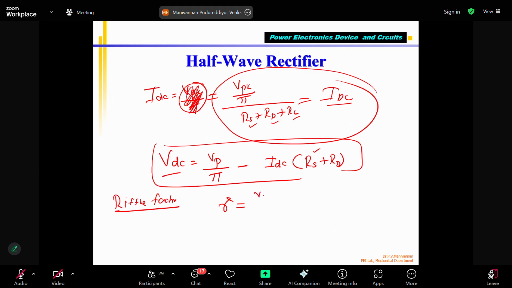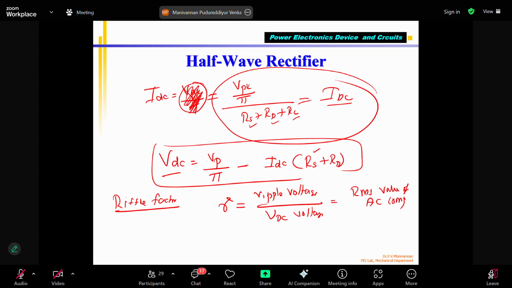Gamma equal to ripple voltage divided by DC voltage, VDC. Okay. This can be written as RMS value of AC components.